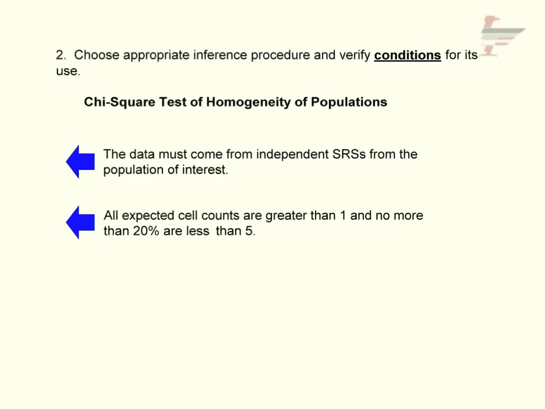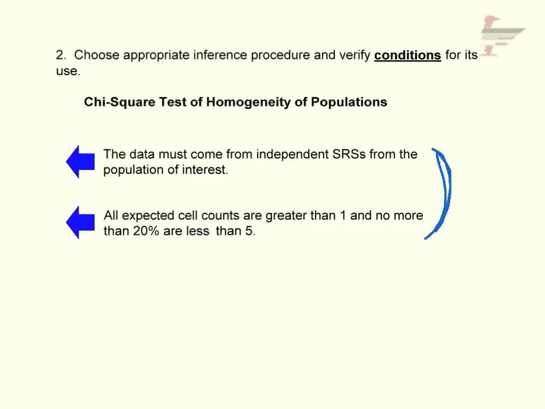The conditions for the chi-square test of homogeneity of populations are these two right here. We want to make sure that the two populations of interest are independent, so we're taking an SRS from each population.